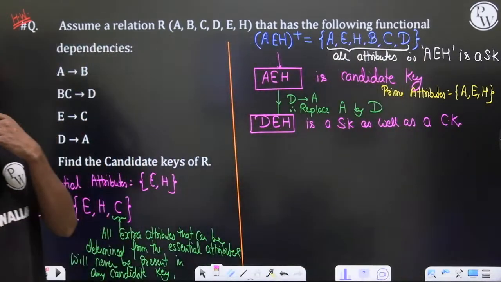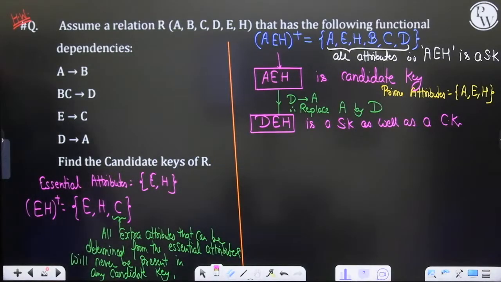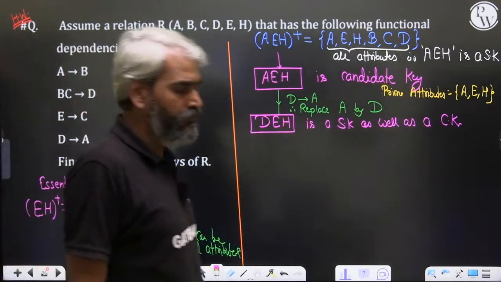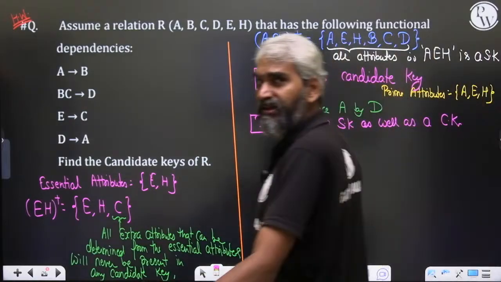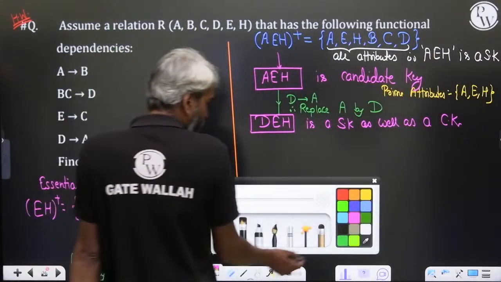E and H are essential, and E and H alone are not sufficient enough. So someone else will be required along with E and H, and here D, E, H will be minimal. Clear? So D, E, H is a super key as well as a candidate key.